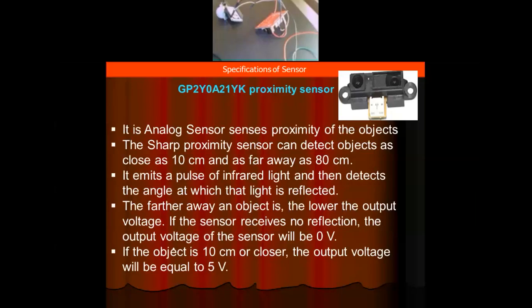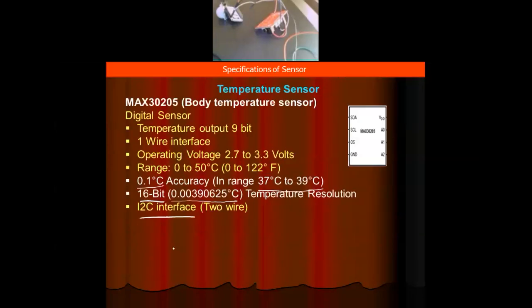Sir, the sensors we are talking about, are these active sensors or passive ones? Some of them are active and some of them are passive. For example, this proximity sensor is an active sensor. It requires the power supply. Thermocouple is a passive sensor. This body temperature sensor is again an active sensor.